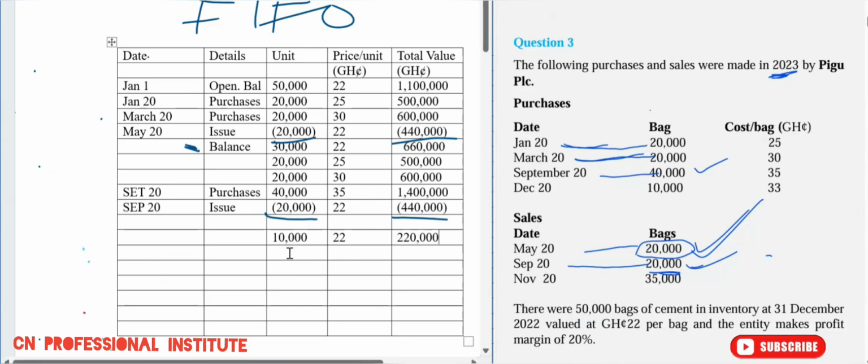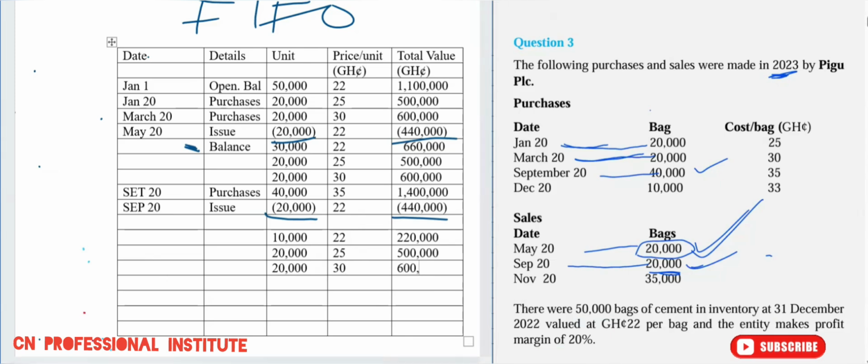Then for the rest, we've not sold any yet, so the next is 20,000 at 25, which will give us 500,000. And then the next one is 20,000 at 30, which will give us 600,000, because we've not sold any yet.